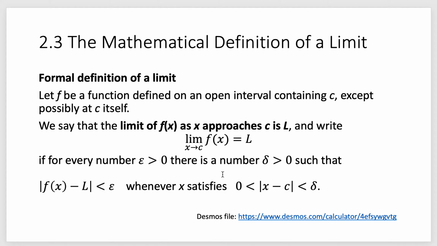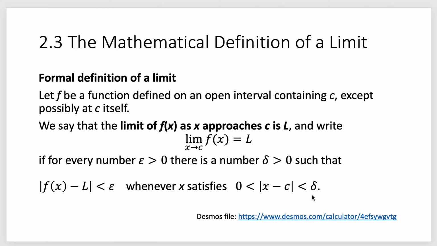Here's the definition. If for every number epsilon, that's a Greek letter, greater than 0, there is a number delta, another Greek letter, greater than 0, such that the distance between f of x and L is less than epsilon whenever the distance between x and c is between 0 and delta.